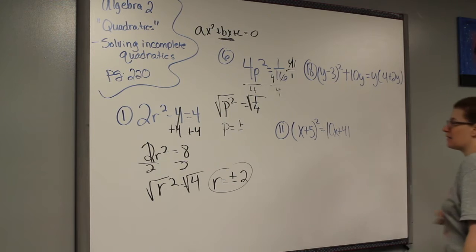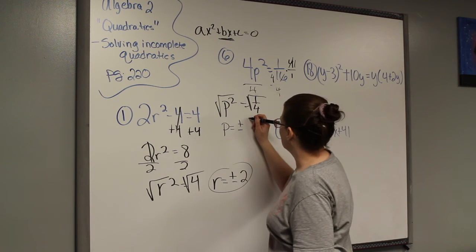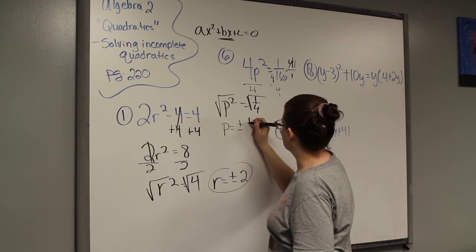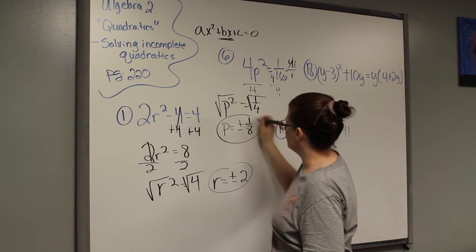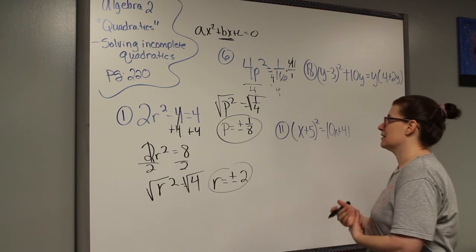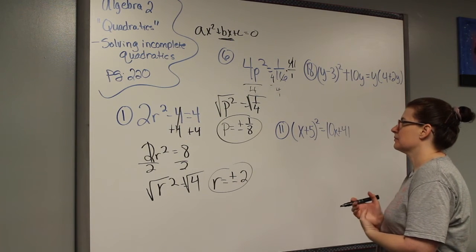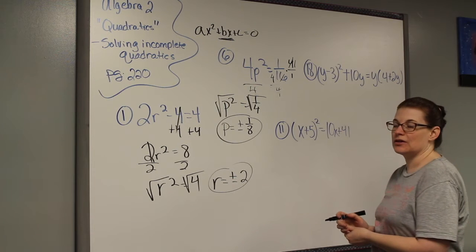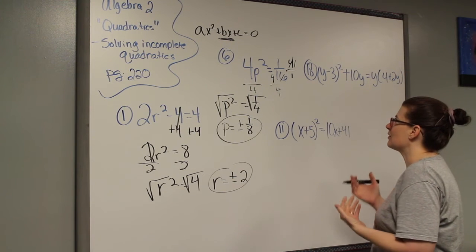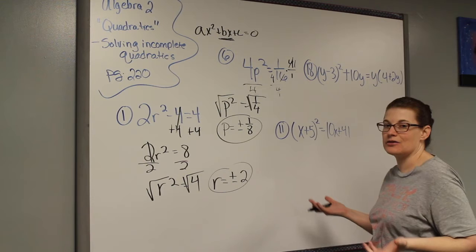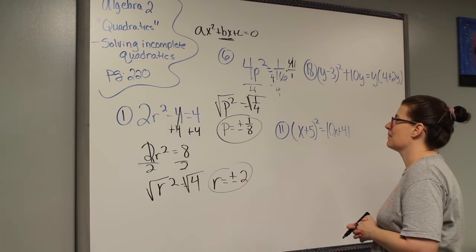Yeah, it's going to be 1/8. And you have a plus and a minus there, okay? So just do that in your calculator. Don't let the fractions mess you up. If you have a calculator, you can put all this in there. It's not a big deal.